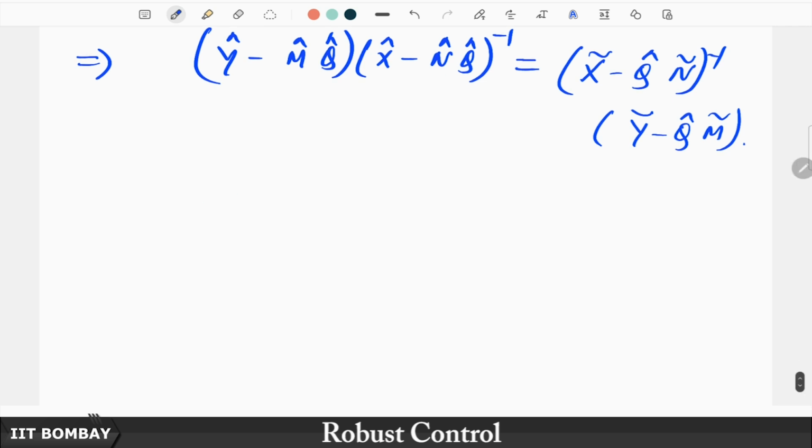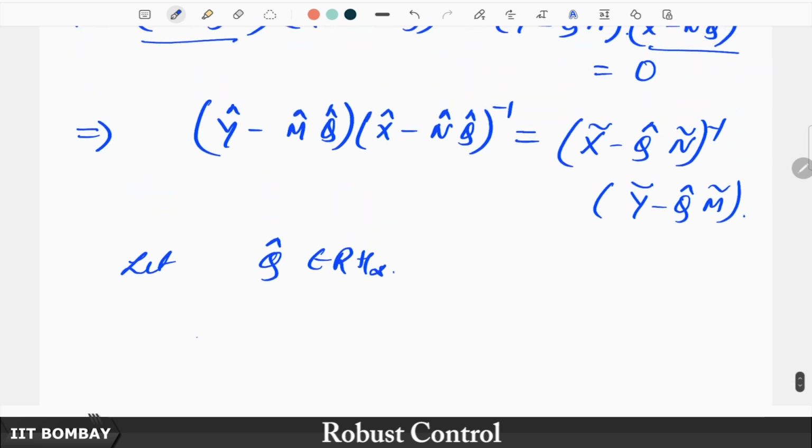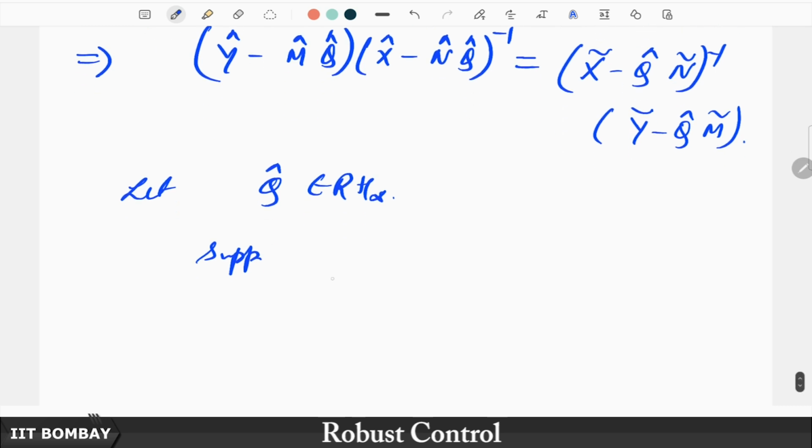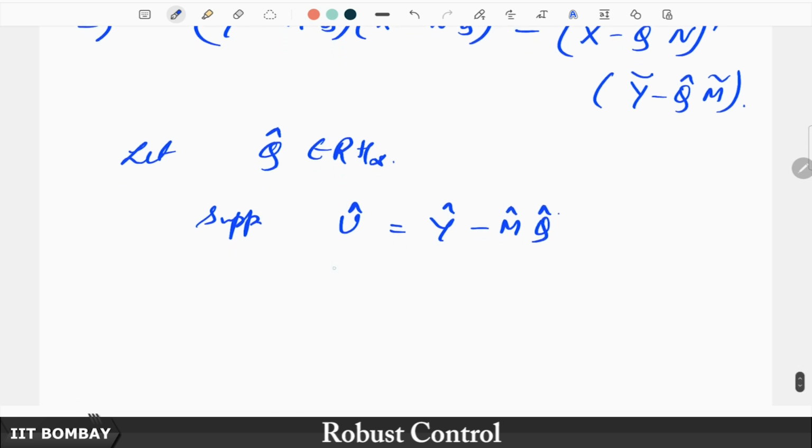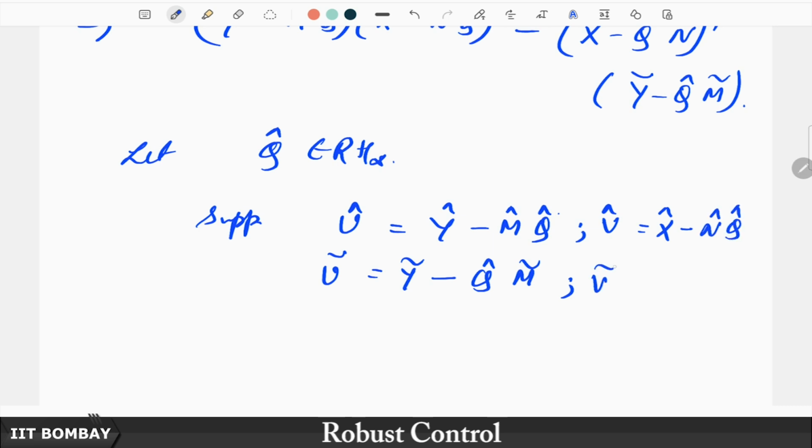So, let q hat belong to RH infinity, and suppose u hat is equal to y hat minus m hat q hat, u tilde is equal to y tilde minus q hat m tilde, v hat is equal to x hat minus n hat q hat, v tilde is equal to x tilde minus q hat n tilde.